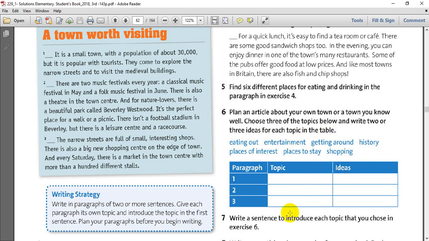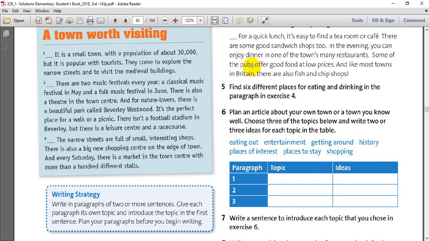Here in this table we have topics like this: eating out, entertainment, getting around, history, places of interest, places to stay, and shopping.